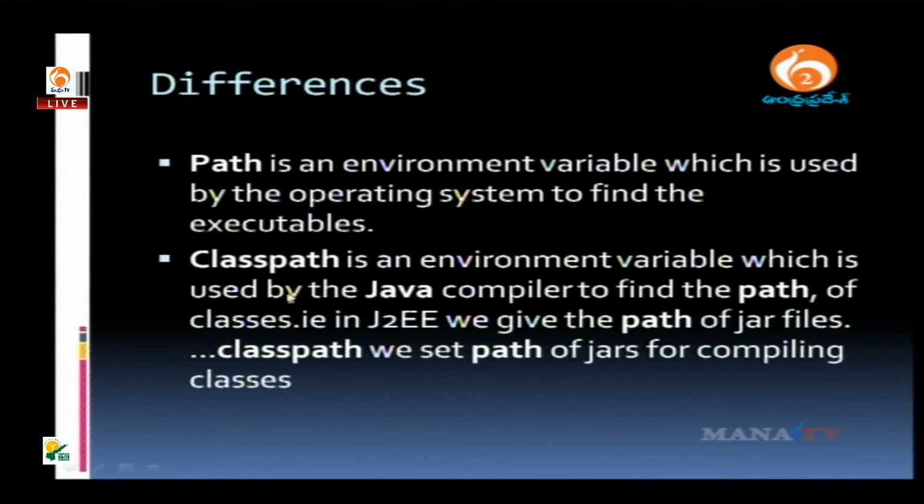What is classpath? Classpath is an environment variable which is used by the Java compiler to find the path of classes. We give the path of jar files or classes.